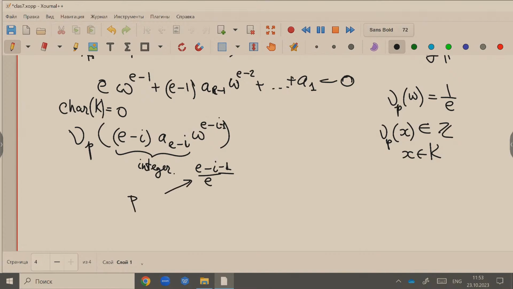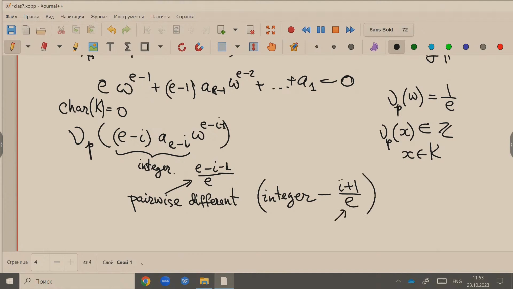So the valuation is an integer minus the number (i plus 1) divided by e, and these numbers cannot be equal.